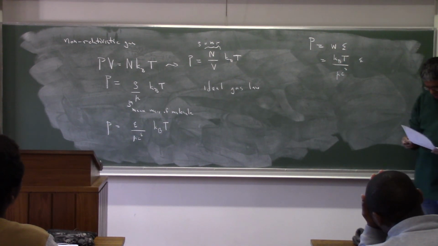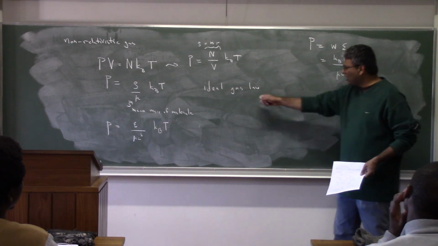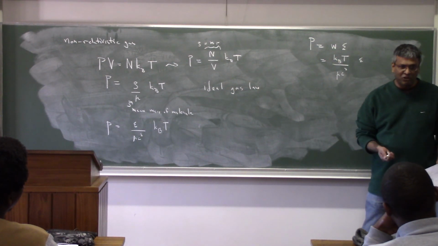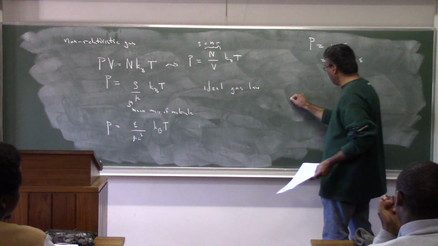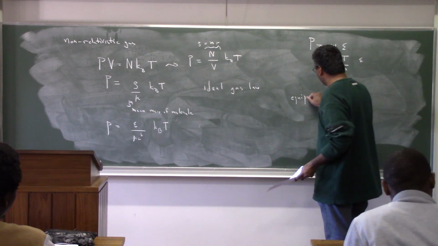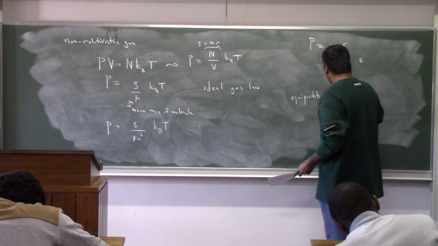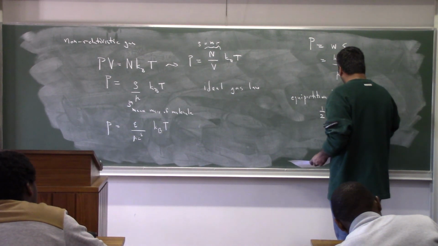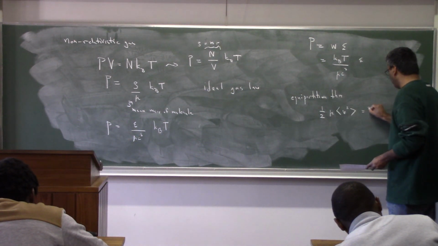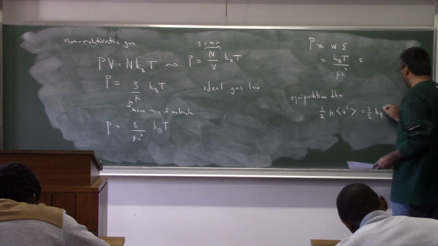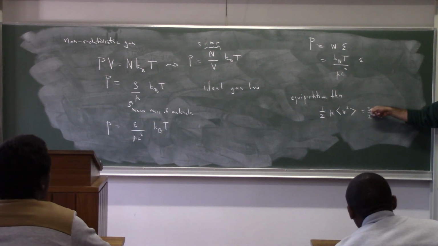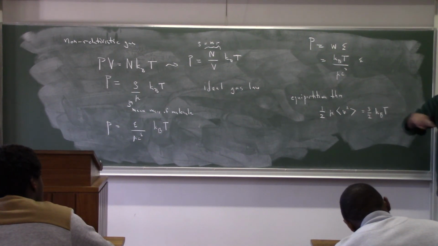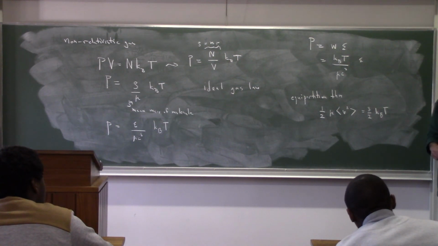In addition to the ideal gas law, there's another law which applies to gas molecules, called the equipartition theorem. It tells us that 1/2 mu v squared equals 3/2 k_B T. The 3 is because there are 3 orthogonal directions in the room in which gases can move.